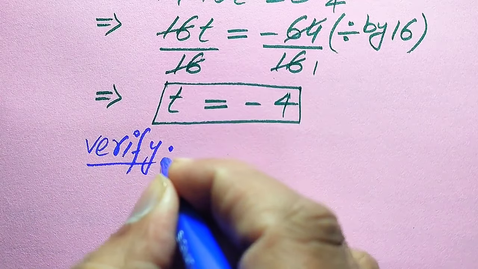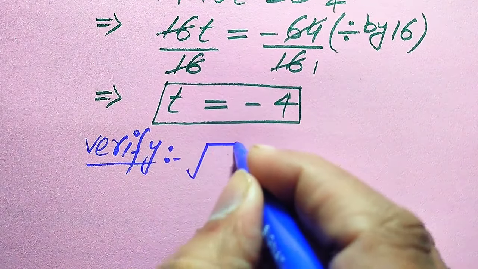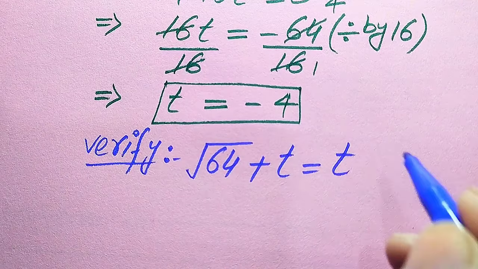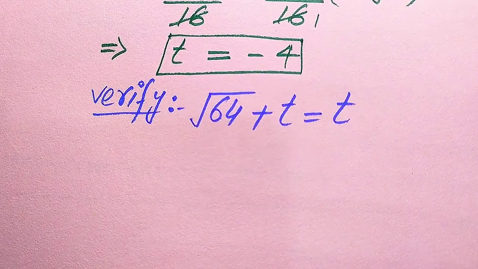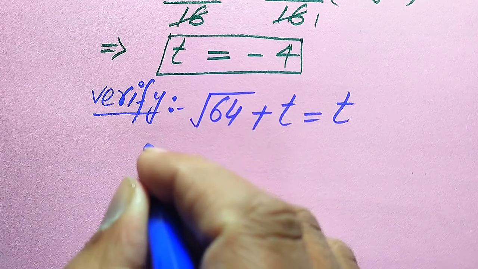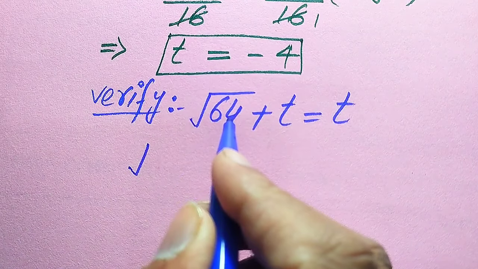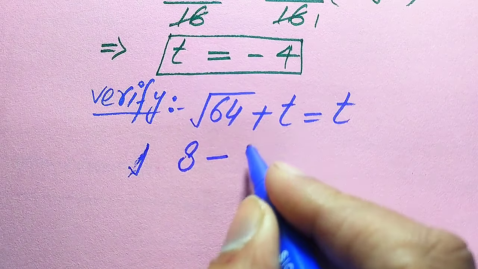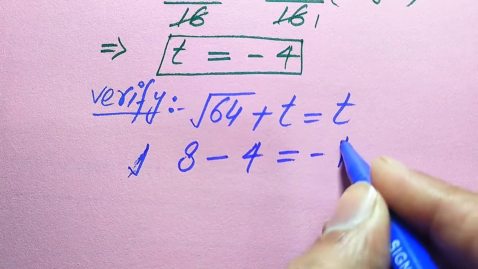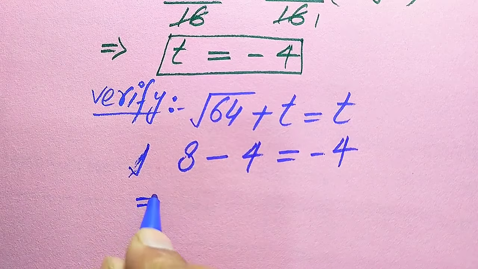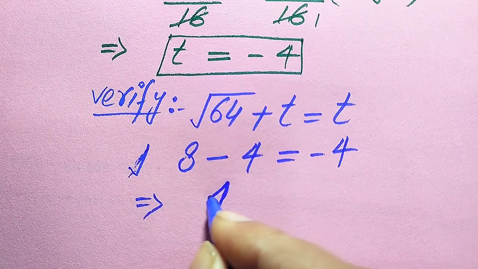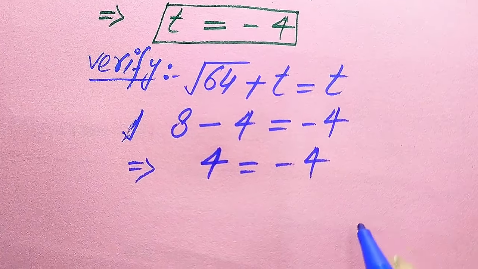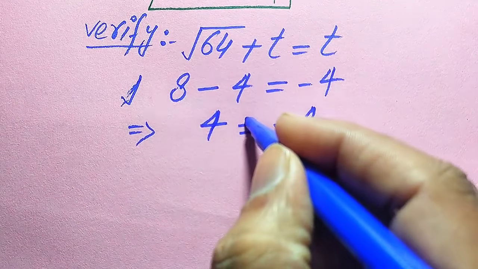For verification of this value we need to copy down the given question statement. Here it is the square root of 64 plus t equals t, and we substitute this value of t on both sides and check its behavior. We know the square root of 64 equals 8, and the value of t is minus 4. In the next step we have 8 minus 4 equals 4, and this equals minus 4. You see here 4 is not equal to minus 4; this is not possible.